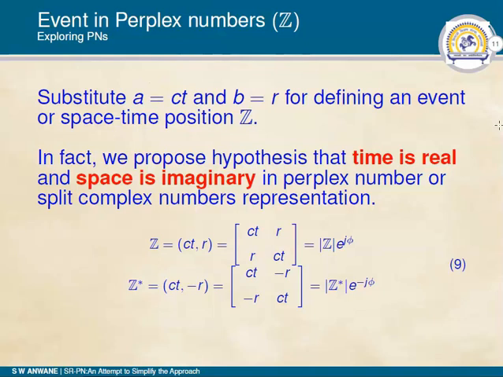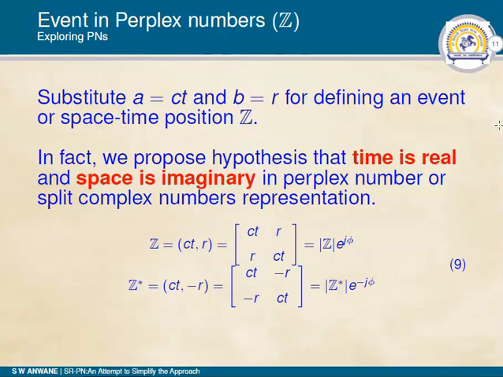This will offer us the ordered pair for Z as (ct, r). The matrix representation will be [ct r; r ct], a 2 by 2 matrix, which in Euler form can be expressed as mod Z e to the power j phi.